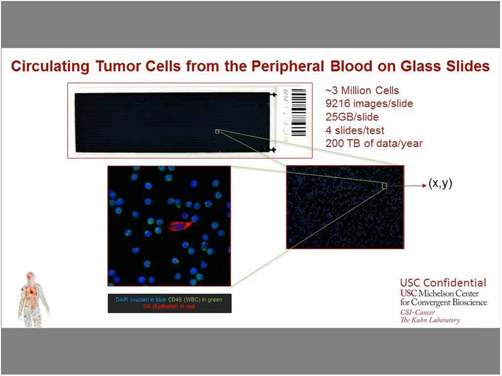So every cell will have assigned coordinates for future reference. In the middle is the typical 10x scanning picture of one candidate cell, which is positive for CK signal shown in red, negative for CD45 signal shown in green, and DAPI in blue for DNA content.